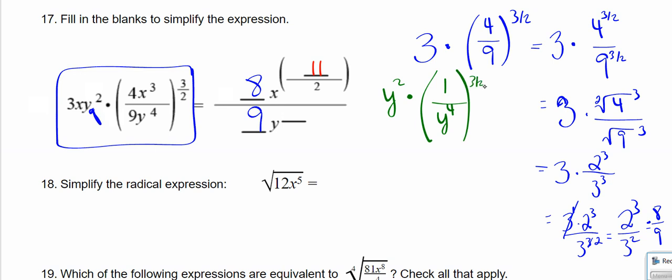So I'm going to multiply this exponent with this one. The y squared over, 4 times 3/2 is just 6, and so this is y to the 6th over y to the 4th in the denominator. So you subtract those exponents. 6 minus 2 is 4. Since there were more y's in the denominator at the beginning, those y's are going to end up in the denominator. There's number 17.